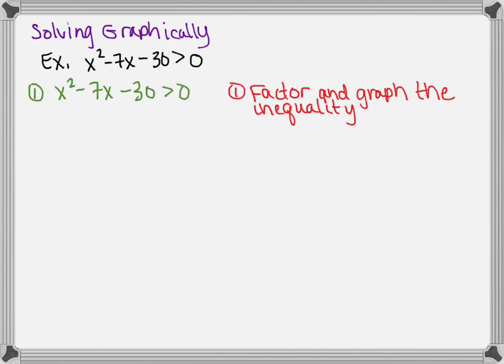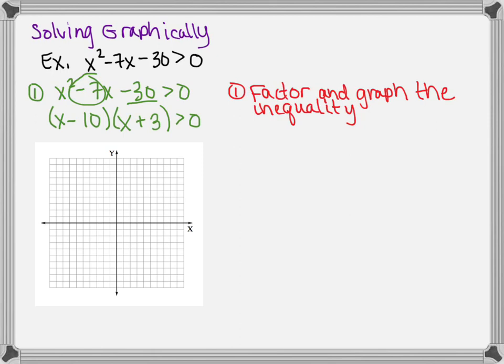So x squared minus 7x minus 30 is greater than 0 factors to numbers that multiply to negative 30 and add up to negative 7. We'd already found them to be negative 10 and positive 3. So now I could sketch the graph of this. We know our zeros are 10 and negative 3. We already found that algebraically when we looked at it on the previous slides.